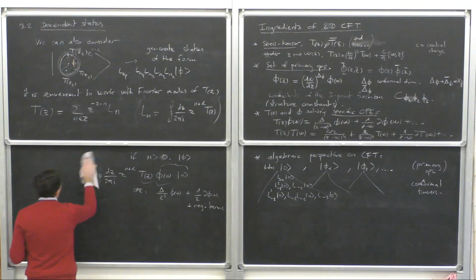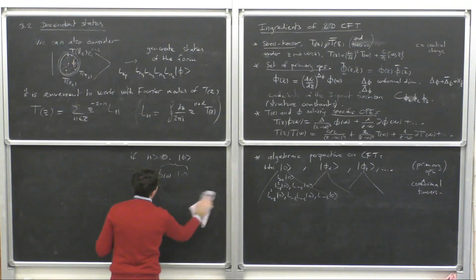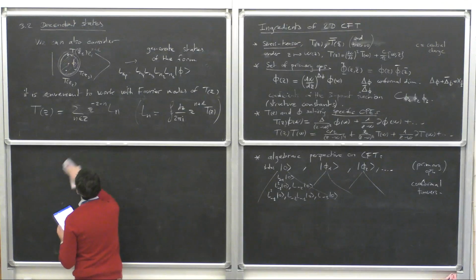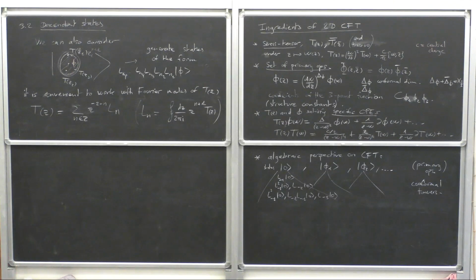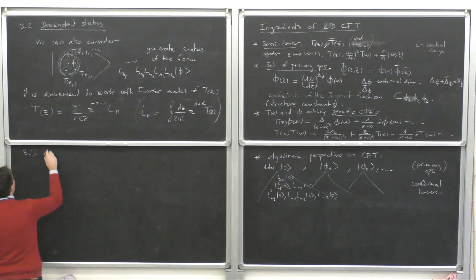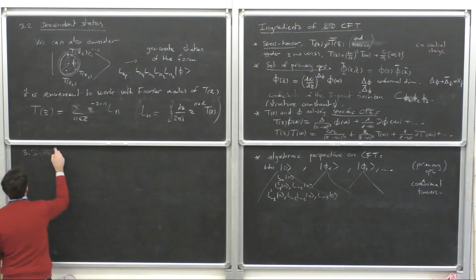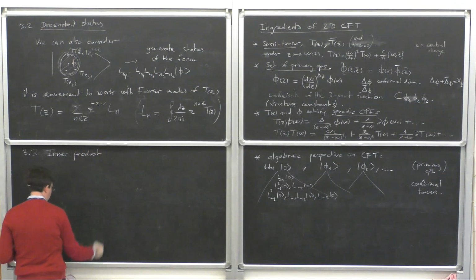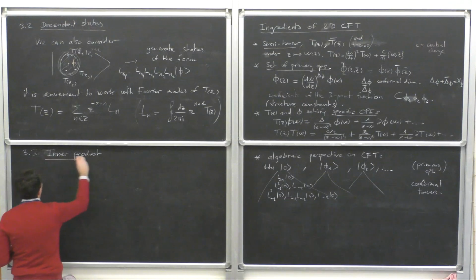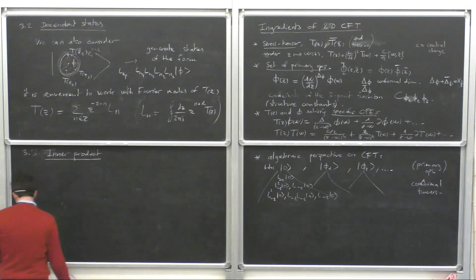Okay, and finally, the last very important thing that I want to say is that there's an inner product naturally defined on this Hilbert space. And the inner product, how do we define it?